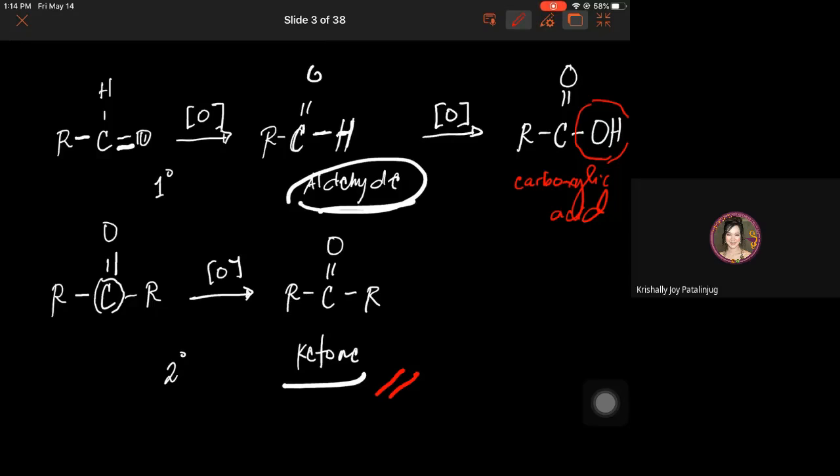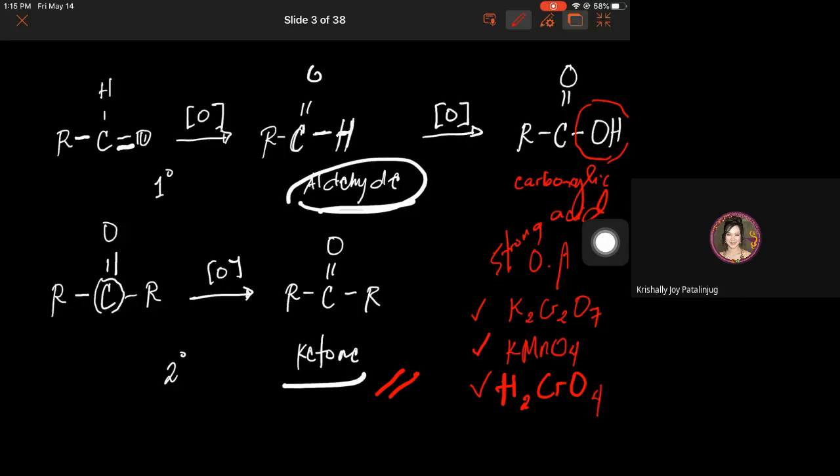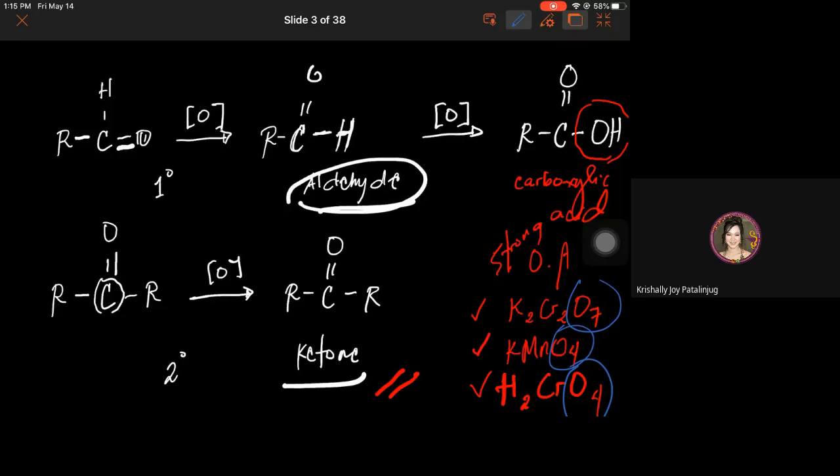The same strong oxidizing agents you already know. Examples of strong oxidizing agents: potassium dichromate, potassium permanganate, and chromic acid. These are very strong oxidizing agents because of their number of oxygens. In oxidation we are adding oxygen, so the oxidizing agent should be rich in oxygen.